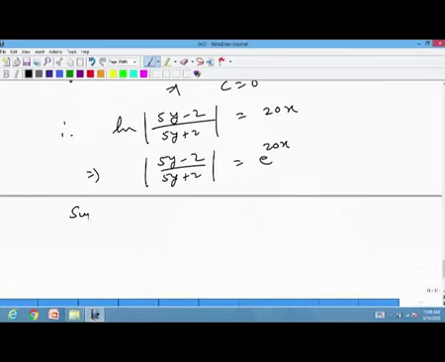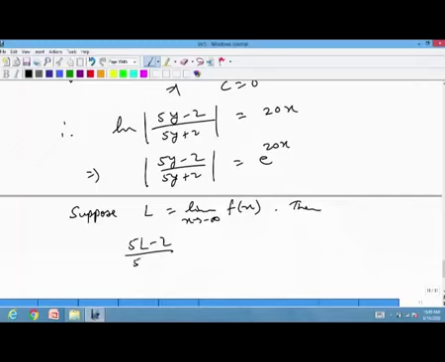Now, suppose L is equal to limit x tends to minus infinity of f of x, then if we take the limit as x tends to minus infinity, then we get mod of 5 L minus 2 by 5 L plus 2 is equal to limit x tending to minus infinity of e to the power 20 x, and this limit is equal to 0.